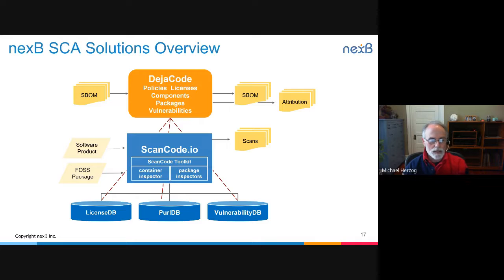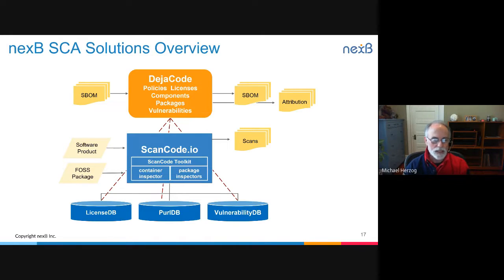And then underlying that, I've talked a little about the PurlDB and the VulnerableCode database. There's also a license database of about 2,000 licenses that we can detect in ScanCode, and that's a public database. So ScanCode works based on a set of rules and text samples from the actual license text. It's not a regex string processor.